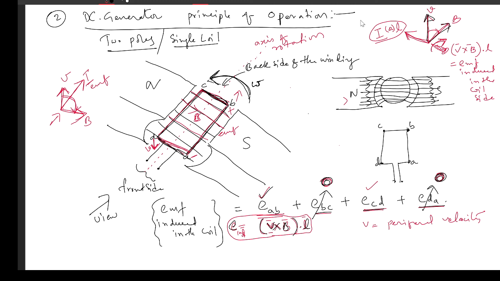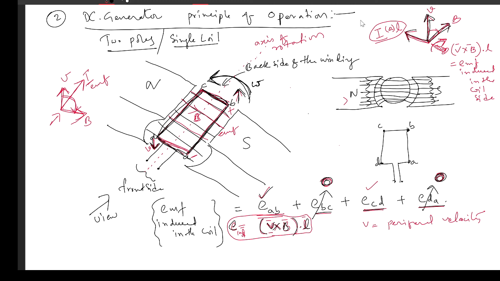V is the peripheral velocity of the coil side. So if it is rotating in the anti-clockwise direction, coil side AB will be moving upside, and coil side CD will be moving downside. Okay, so V, B, and this is L.